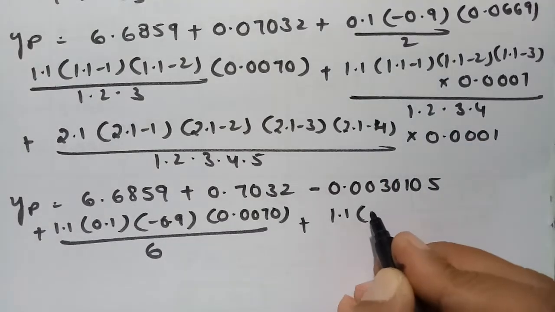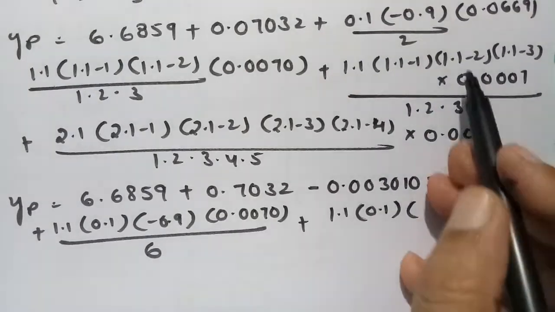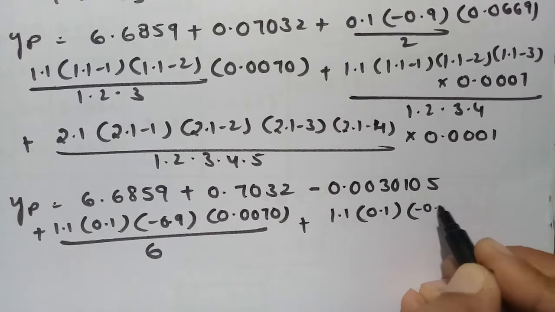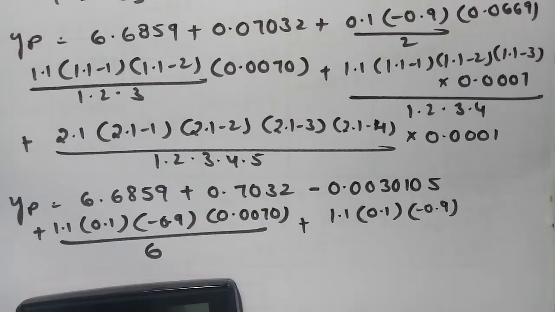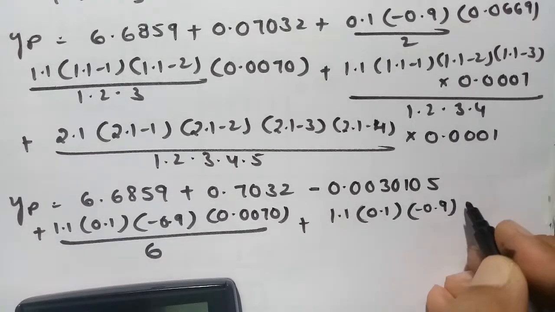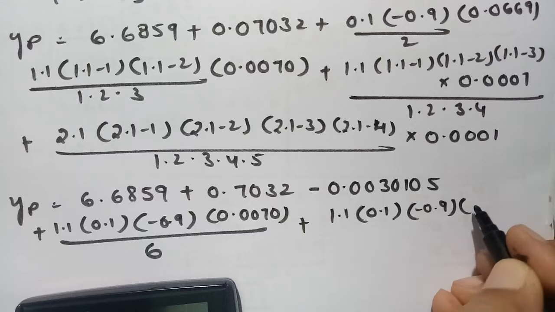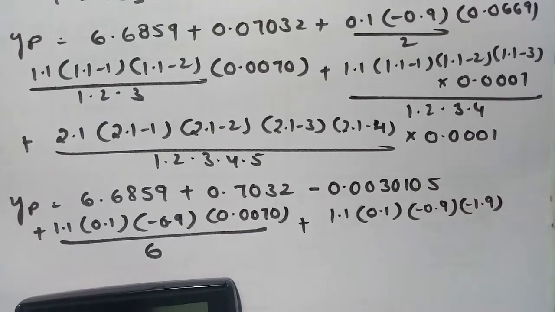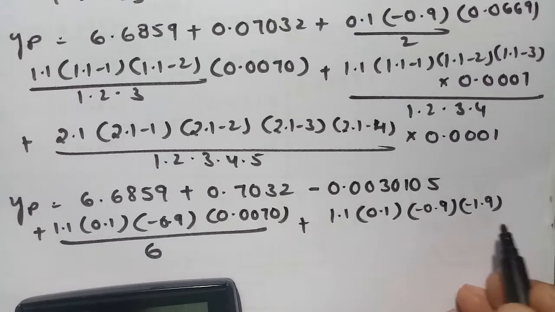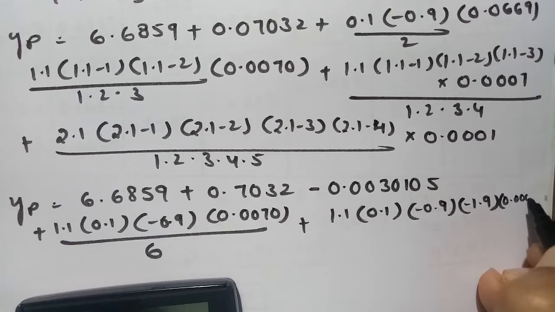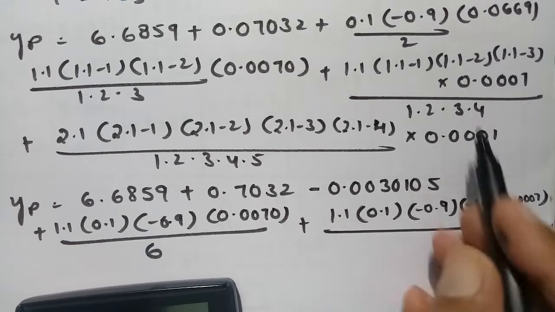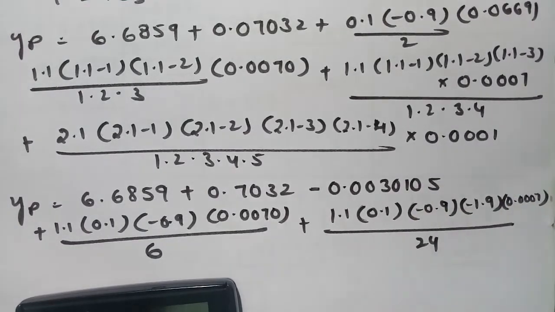1.1 minus 1, this is 0.1, so this is 1.1, this is minus 0.9, 1.1 minus 2, this is minus 0.9, this value will be minus 1.9, so this is 1.1 minus 3 value is minus 1.9 into this value is 0.0007 by this value will be 24.